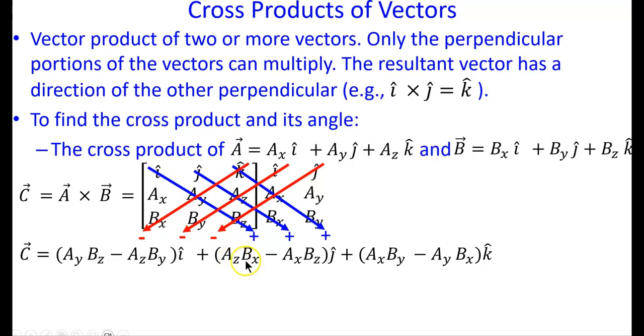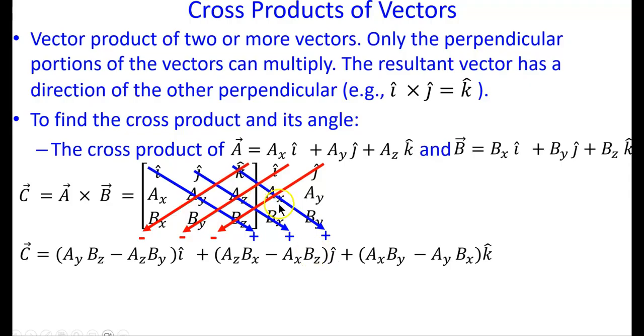If you look at this, when we're trying to figure out the J hat, well, then we would only be multiplying the perpendicular portions in the Z and X direction. So, for example, AZ times BX, and then we subtract that from the J portion of AX times BZ, and now we have the J hat portion of that C vector.